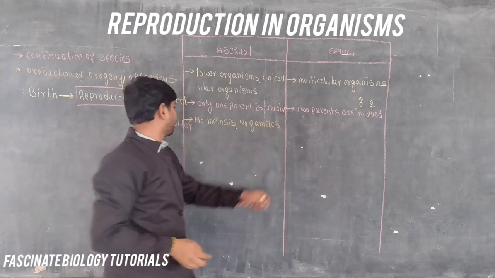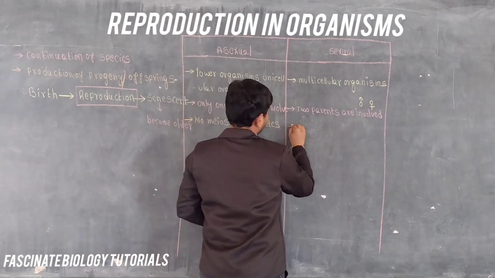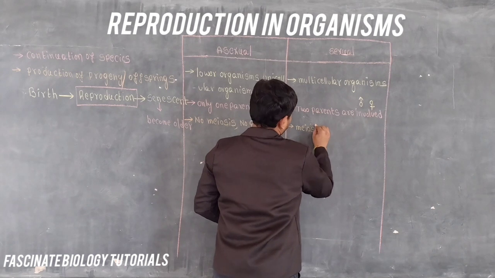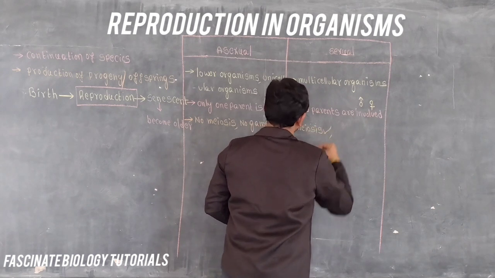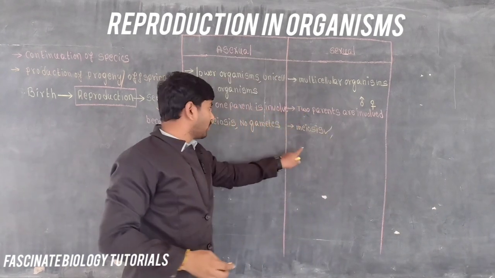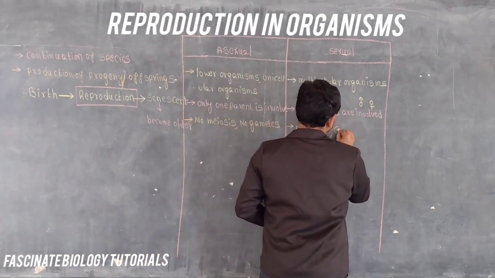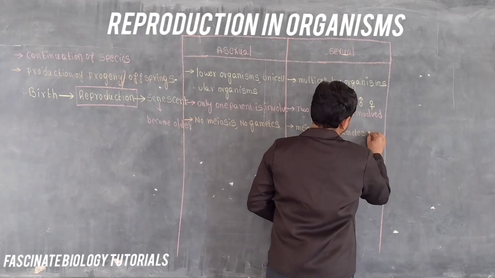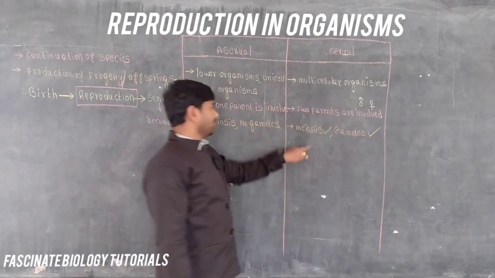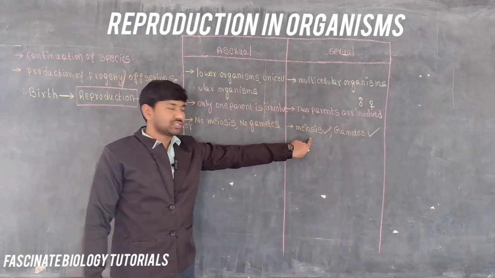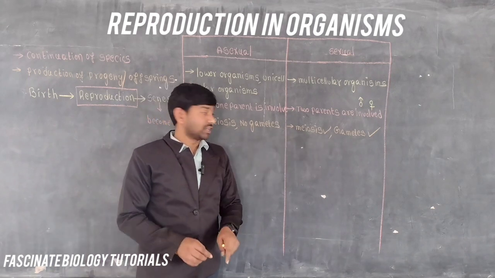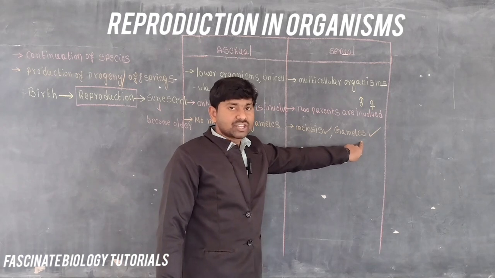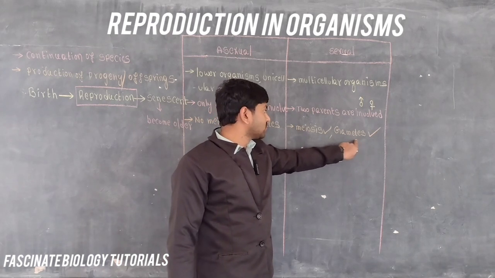But in sexual reproduction, meiosis is present, as well as gamete formation. Gametes are produced. Meiosis is a reduction division, meaning the chromosome number is reduced to half. That is known as meiosis. And gametes are the sexually reproducing cells.